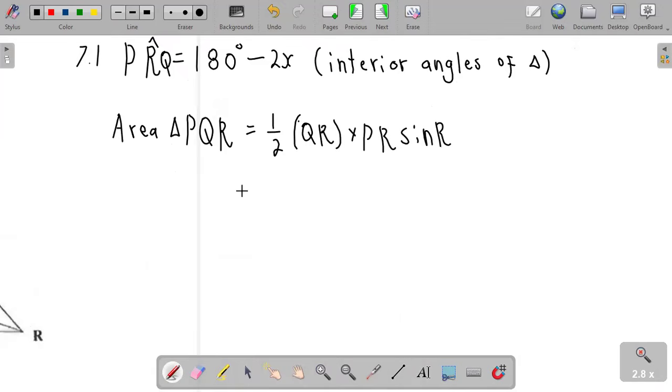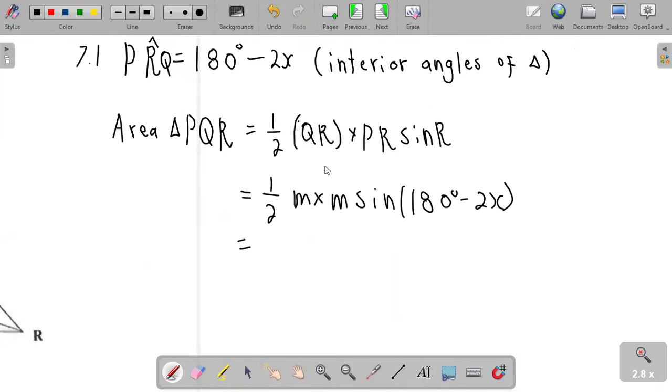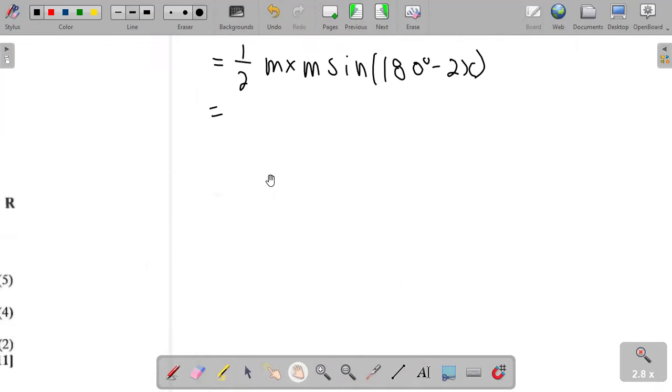So it's going to be equal to half, then M multiplied by M, and then sine of 180 minus 2x. So then it's going to be equal to half M squared sine 2x.